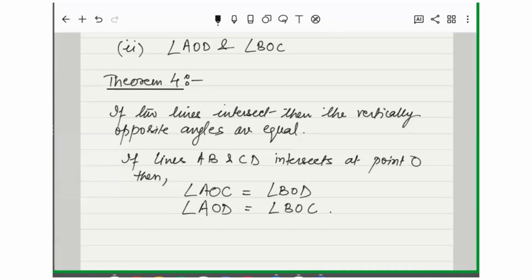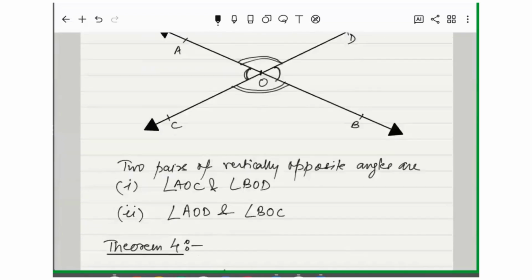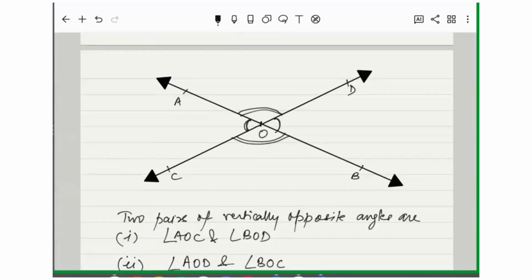And we can also prove this, right? And how to prove it? Just look here. If you just consider this part, if you say the ray OA, this ray OA stands on the straight line CD, yes or no? And we already have a theorem, right?